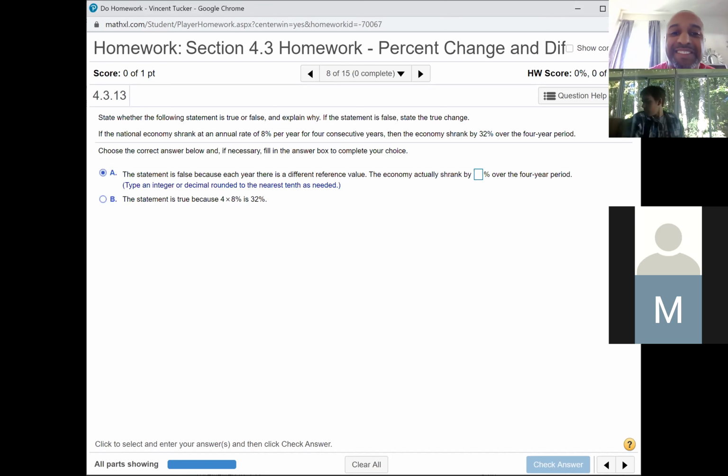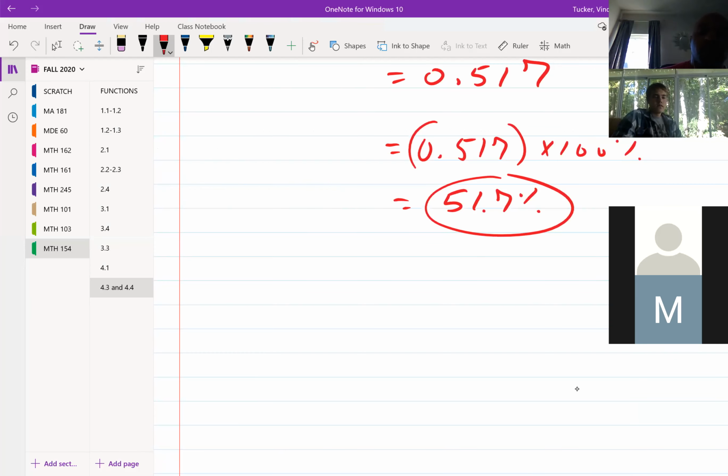Right. So this is different, it has a different reference value, right? So if it shrank by, but I don't have a number, so let me see. All right, all right. So you have X, and it's going to decrease by 8%, 0.08.